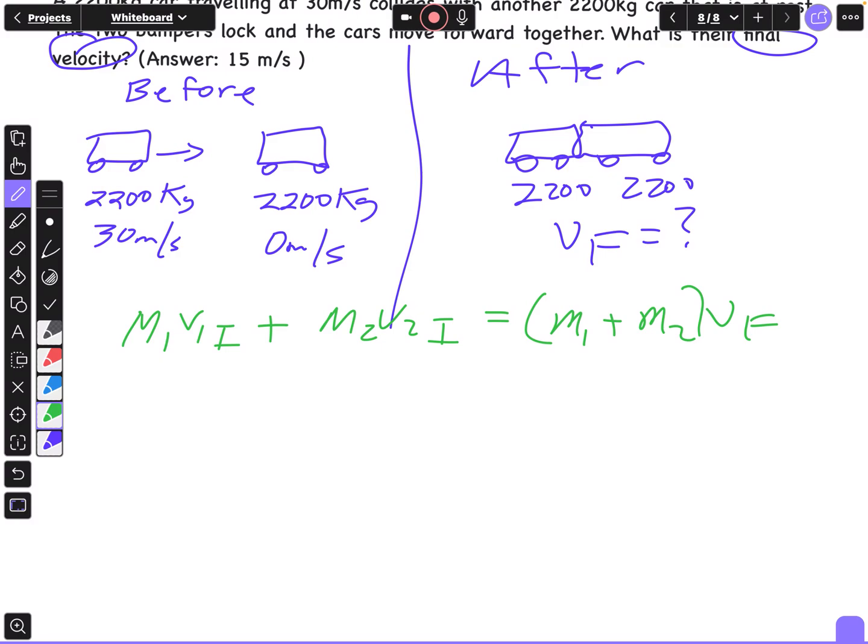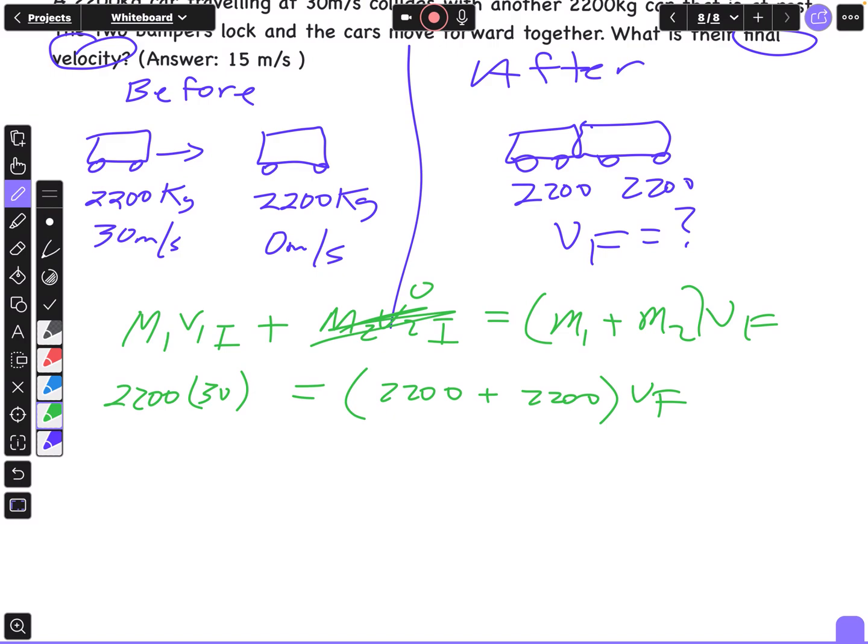The left is the same as the other equation. Now I'm plugging in my numbers, and I realize that my V2I is 0, so it's going to make this whole thing equal 0. I'm shortening that up. Now M1 is 2,200 times V1I, which is 30, equals M1 plus M2, that's 2,200 plus 2,200, times VF.